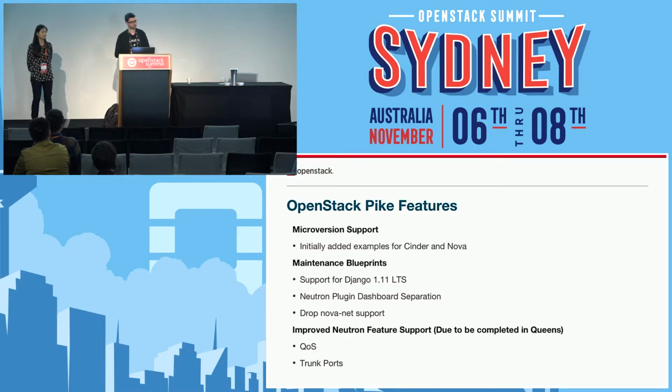And then the last thing to talk about, the major pieces that went on in Pike, were Neutron feature support. So we still manage in the core Nova, Keystone, Swift, Cinder, Glance, and Neutron. And one of the things we like to do is try and keep up with the services as they rapidly add features.